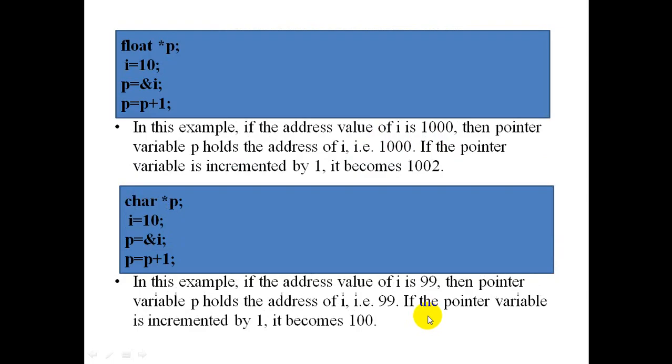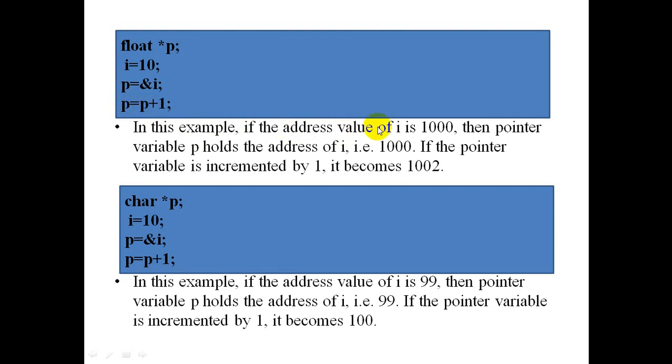I will take another example, here float. I have taken a pointer with data type float and variable I, which is assigned the value 10, and the same thing: P equals address of I, and P is incremented by 1.